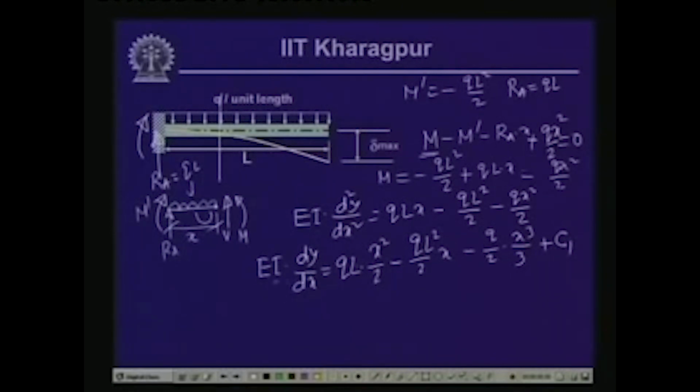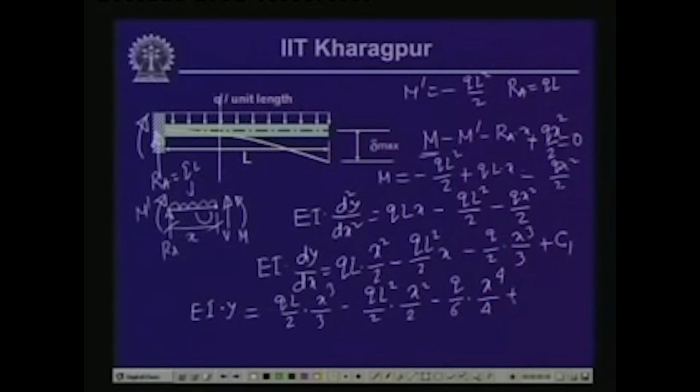On further integration we will have EI y equals QL by 2, and x square will give you x cube by 3, minus QL square by 2 times x square by 2, minus Q by 6, x cube will give us x4 by 4, plus C1x plus C2.